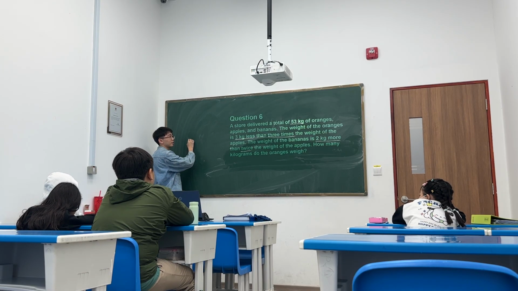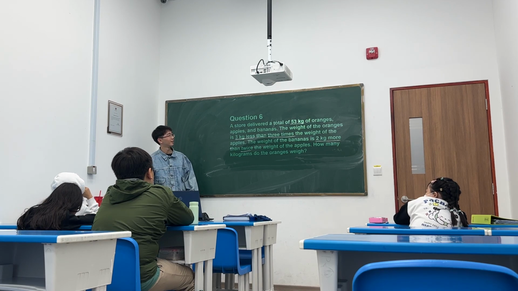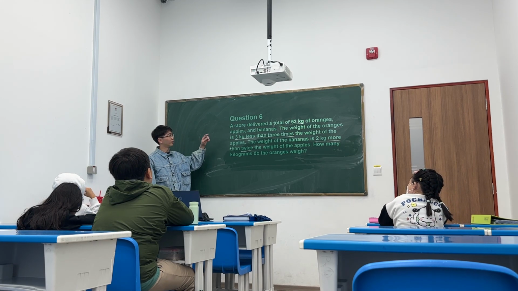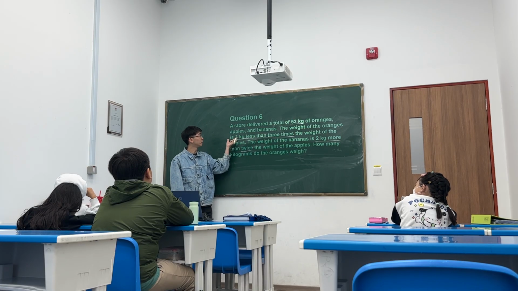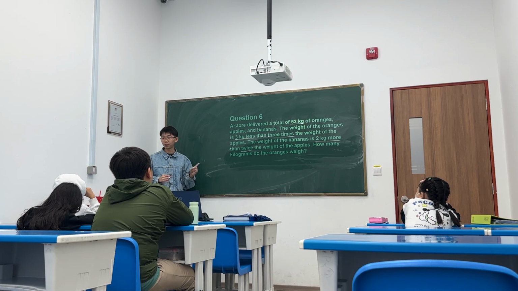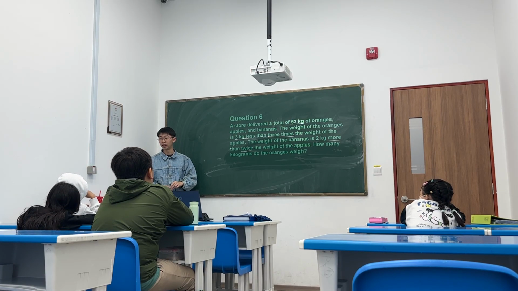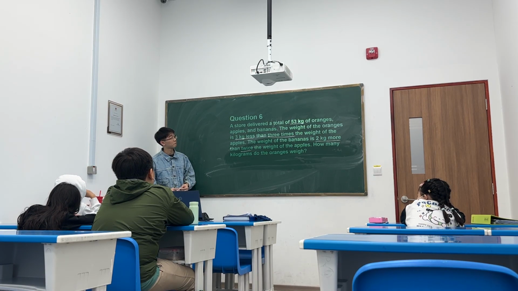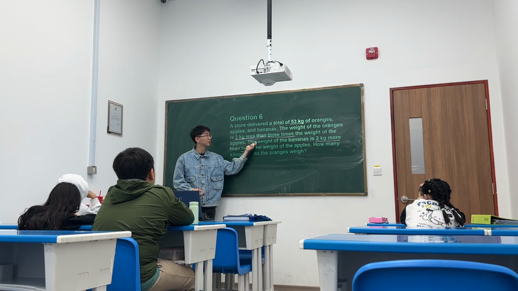Apples 2 units. First of all, let's check. For the first line, the weight of oranges is 3 kg less than 3 times the apples. Now, between apples and oranges, which one weighs less? Apples weigh less. Okay. How about for apples and bananas?